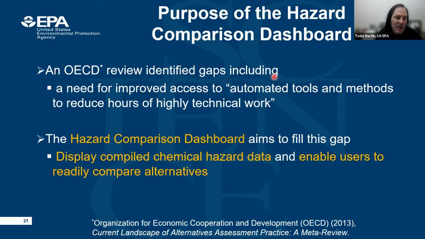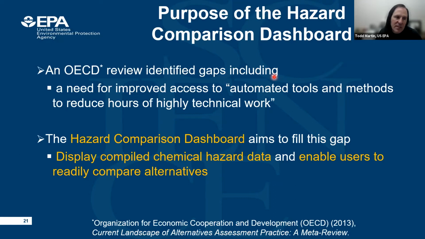So we came up with the hazard comparison dashboard, which uses a lot of automation to compile data from the literature and websites, creating a giant database. Then when the user searches for a chemical, you can populate a table and get all the different experimental values, GHS scores, QSAR predictions, and put it all in one place with a single click once you've searched for the chemical.